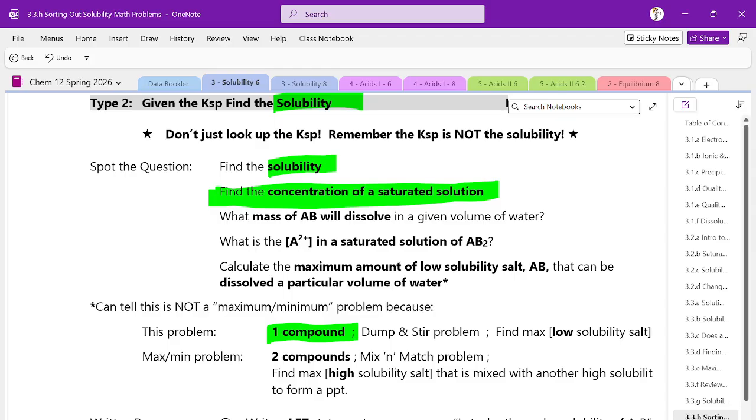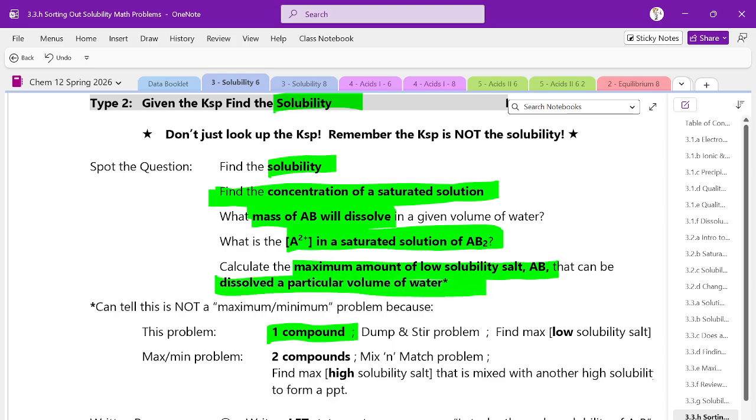It might say what mass of AB will dissolve, which is why it starts to sound a little bit like those max-min problems, right? It might say, what is the concentration of A2 plus in a saturated solution? And then they might even throw in the word maximum to confuse you. What is the maximum amount of the low solubility salt AB that can be dissolved in a particular volume? But remember, this is one compound.